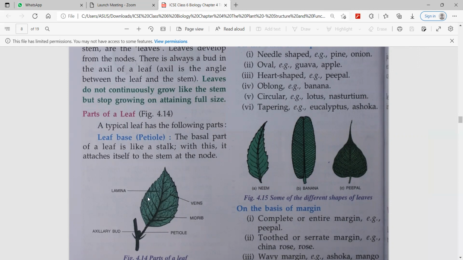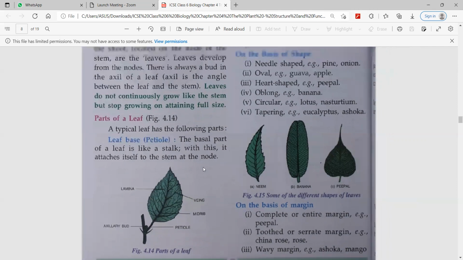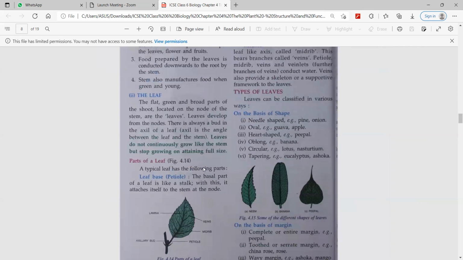Then we have the lamina or leaf plate, the flat and green portion of the leaf. On the lower side of the lamina are the stomatal pores, and the vein network is present as well. The main one is known as midrib and the other branches are known as veins.